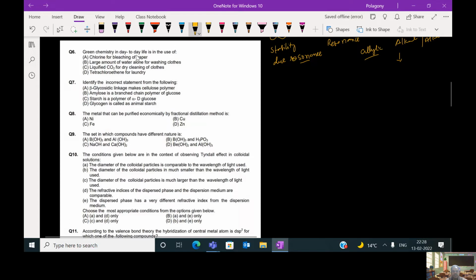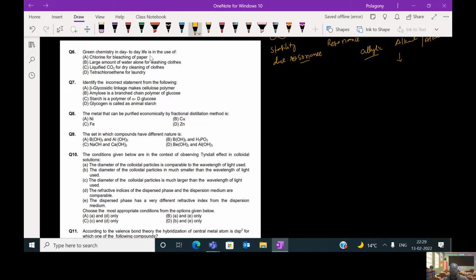Green chemistry in day-to-day life is in the use of chlorine for bleaching of paper, large amount of water alone for washing of clothes, liquefied CO2 for dry cleaning of clothes, tetrachloroethane for laundry. See, green chemistry in day-to-day life is in the use of.